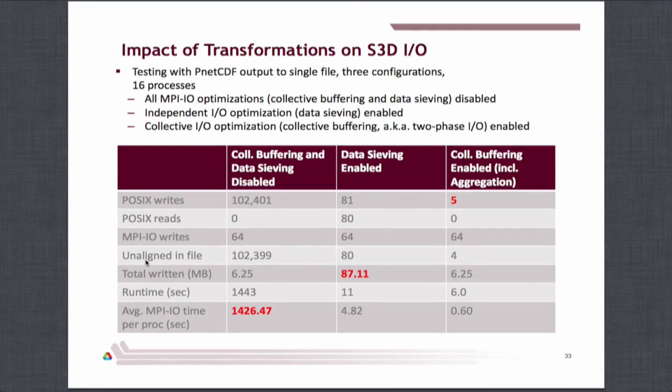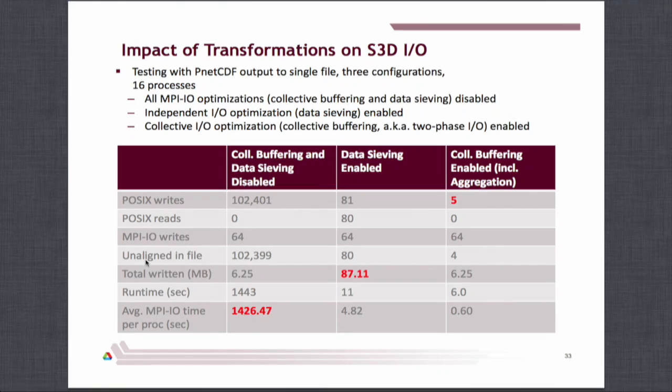But if you use parallel netCDF, it's going to automatically pick the right method to get the data to the file system. But we can use hints to force it into a different mode. In this case, we forced it into some bad modes just to see how bad can it get if you're not using these optimizations. But hopefully it's picking the right mode, but you can change it if not.